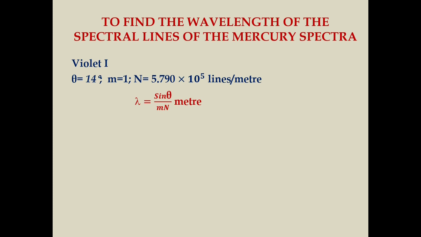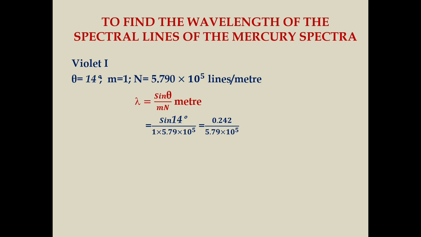N just now we have calculated, it is 5.790 into 10 power 5 lines per meter. So the formula is lambda is equal to sine theta divided by mN meter. So we know the angle here is 14 degree, 1 divided by 1 into 5.790 into 10 power 5.